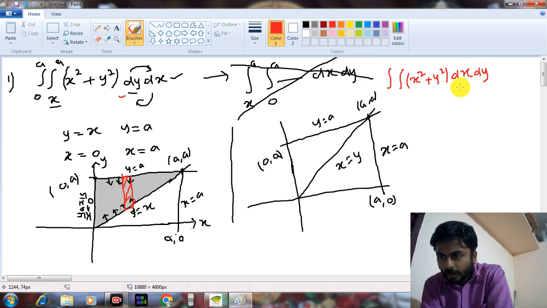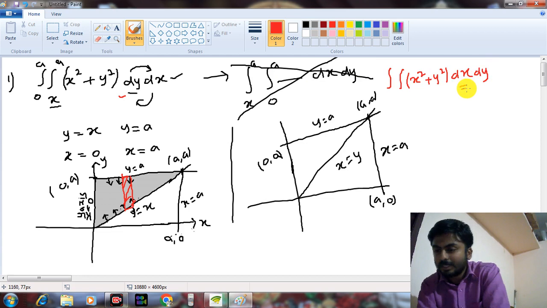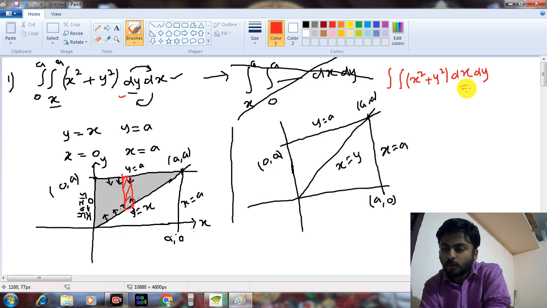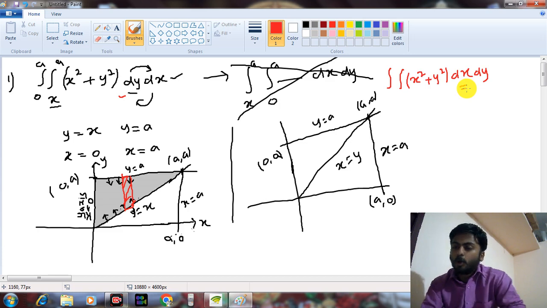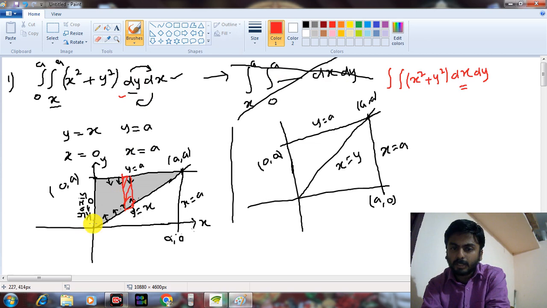If x is the inner integral operator, if dx is the differential operator, then our strips should be horizontal. If y is the integral operator, then our strips should be vertical.